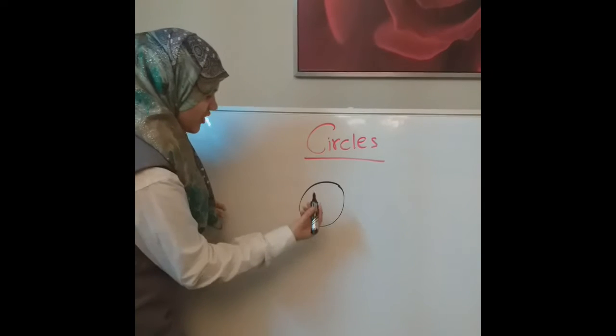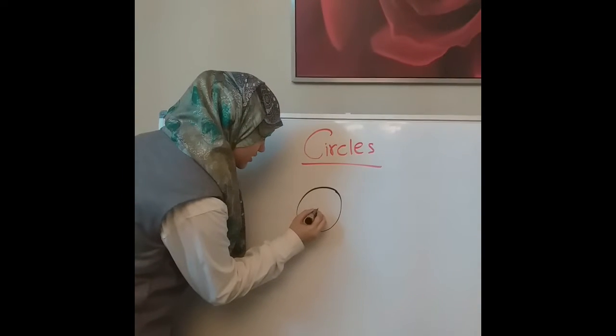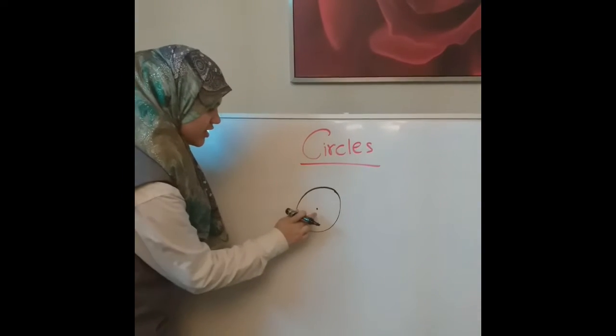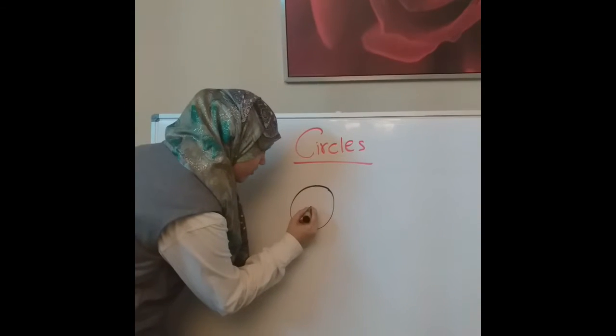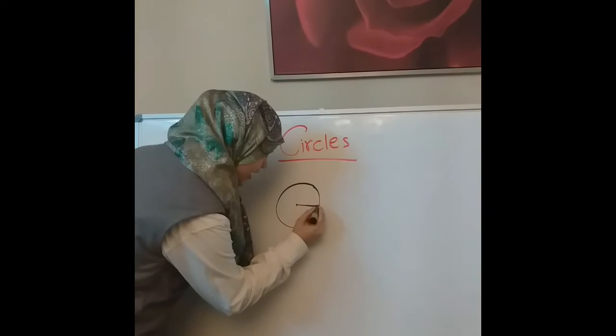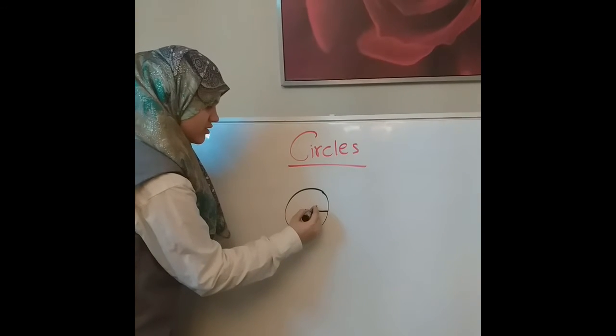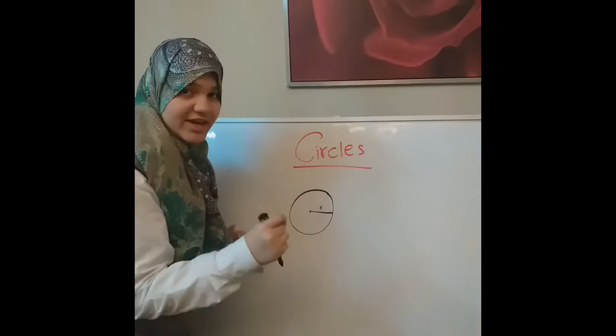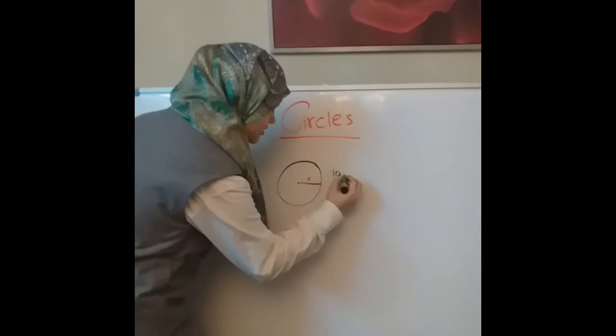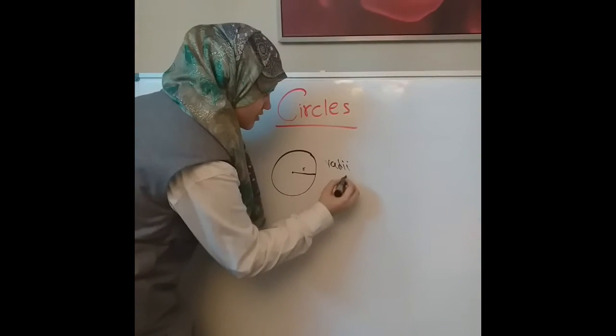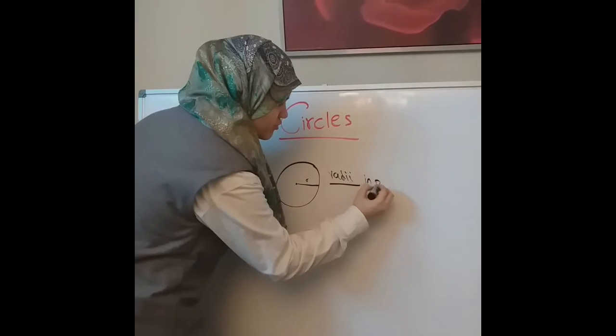Can you see the point in the center? When you make a small line from the center, that means radius, or radii for the plural.